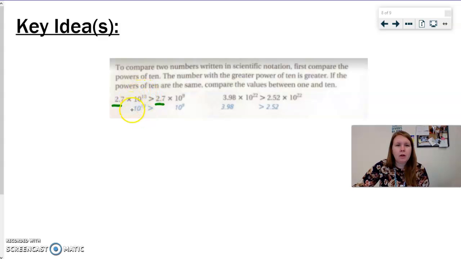So this is 10 to the 13th, and this is 10 to the 9th. 10 to the 13th is going to make a lot larger number, and so in that case 2.7 times 10 to the 13th is larger. If they end up having the same power of 10, as you can see in this one, then you compare that first value. So which one's bigger, 3.98 or 2.52? Well, 3.98 is larger.